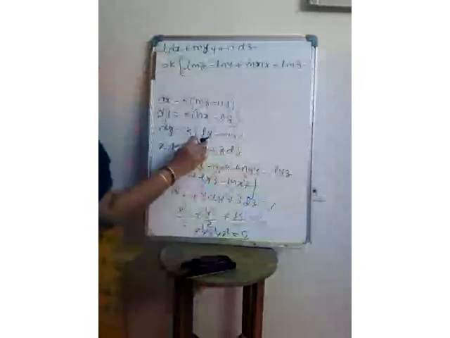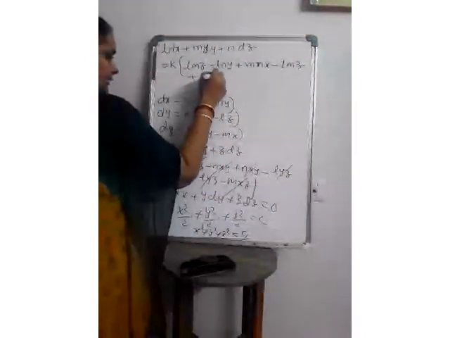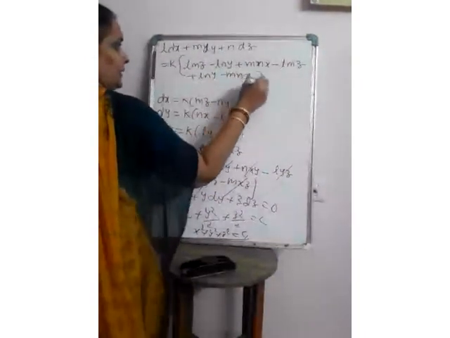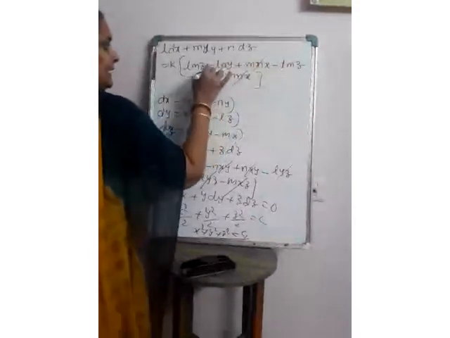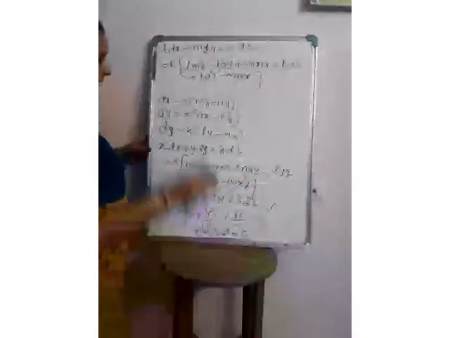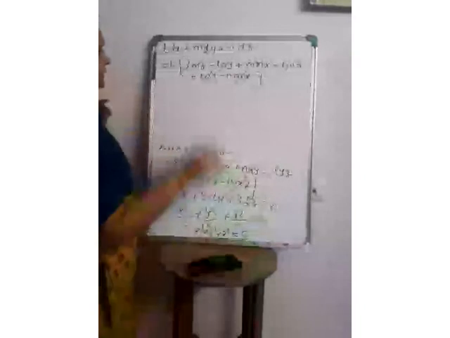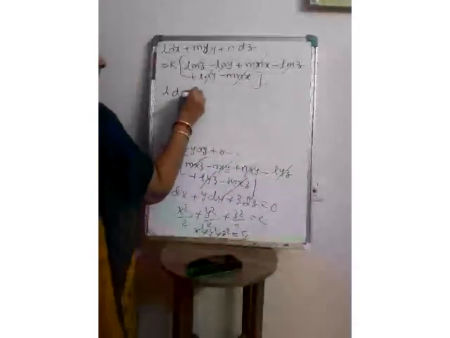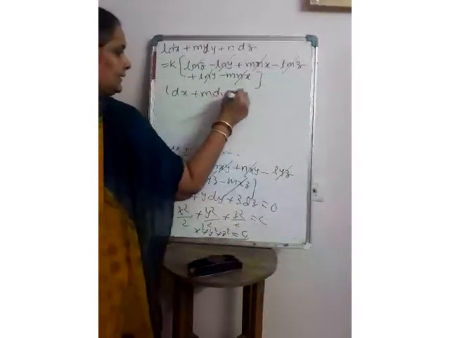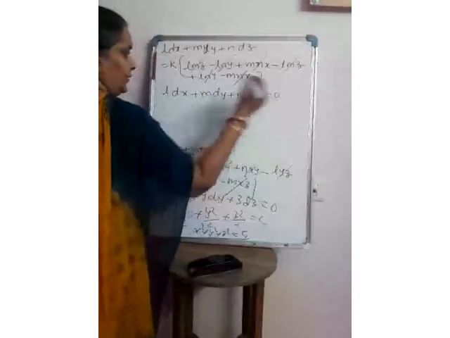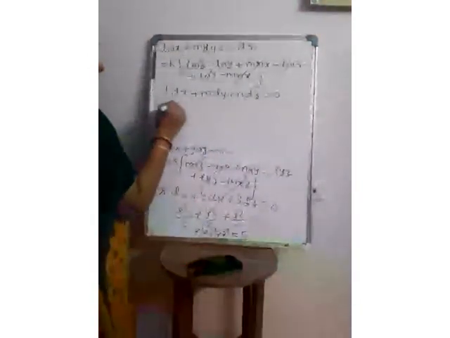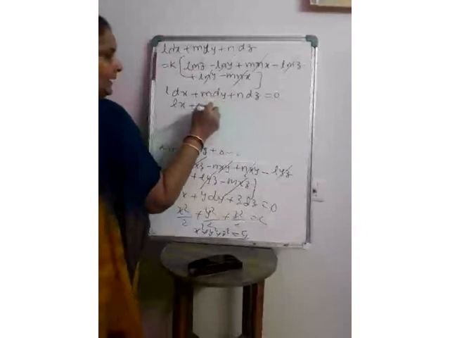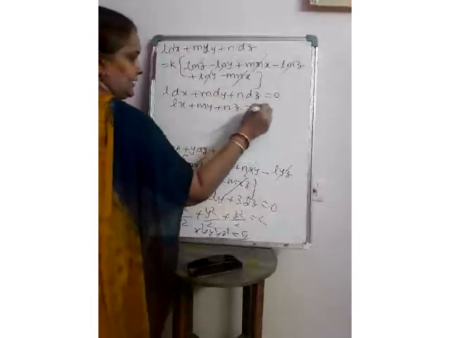This should be multiplied with lny minus mnx. So we can observe mnx gets cancelled, lny gets cancelled, lmz also gets cancelled. So we are left over with l dx plus m dy plus n dz is equal to 0. So if you integrate, l, m, n are constants, so lx plus my plus nz is equal to c2.